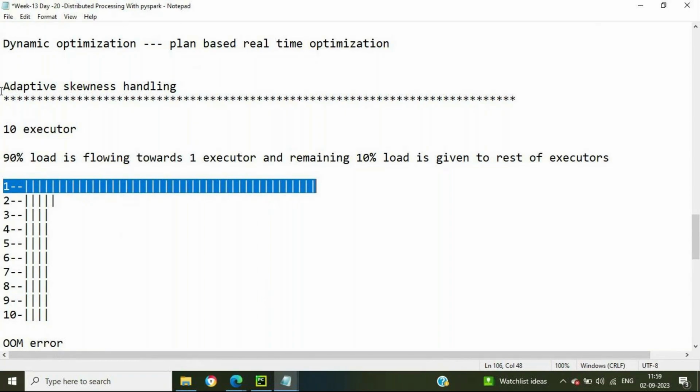Just have a look and ask if you have any doubt with respect to skewness by leveraging AQE.